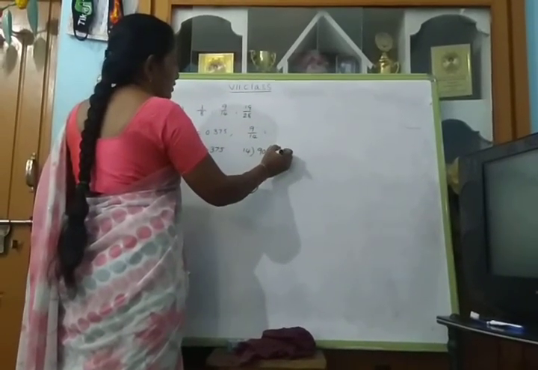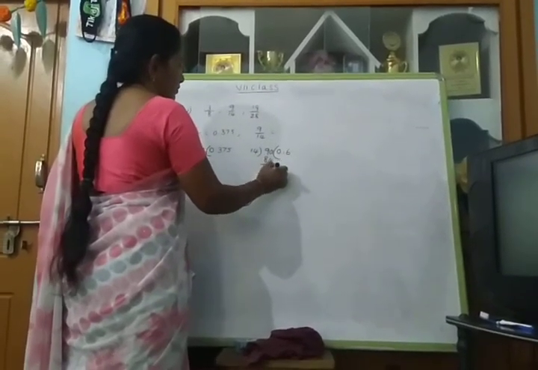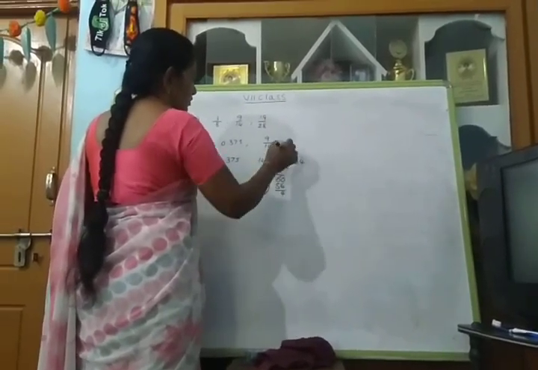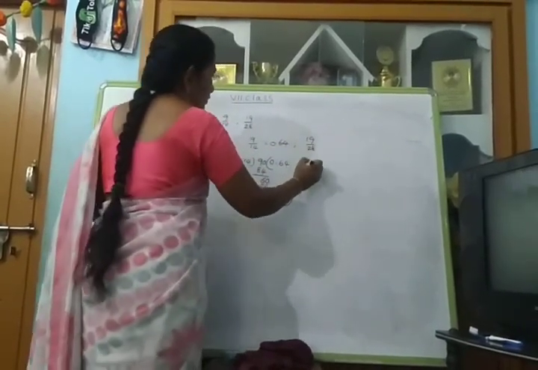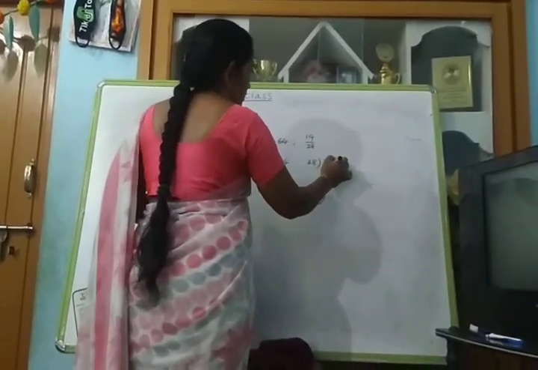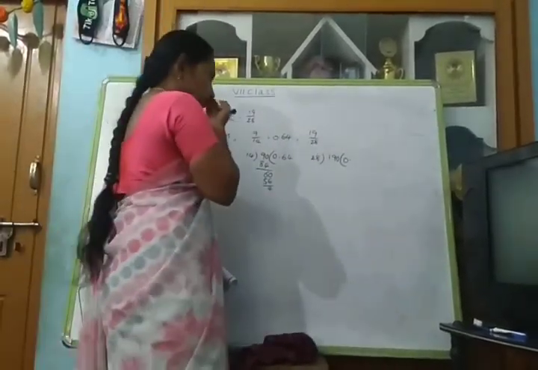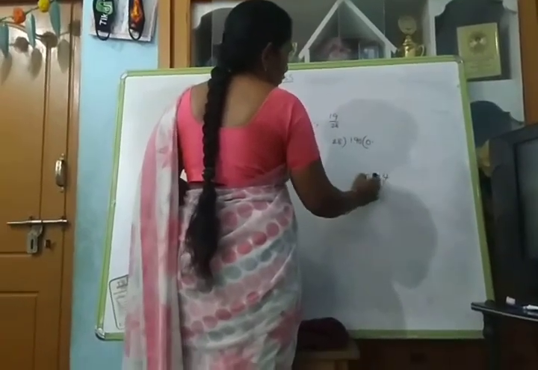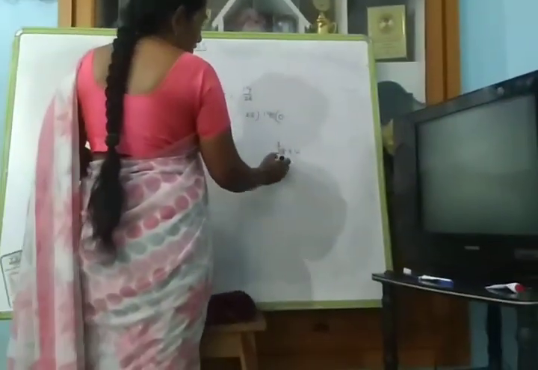Next, convert 9 by 14: 14 into 90, 14 6s are 84, 6 again, 14 4s are 56, so 0.64. Next, 19 by 28. With 28, if you divide 19, how much will you get? 0.6 and 28 into 4, 4 8s are 32, 4 2s are 8, 8 plus 3, 11.